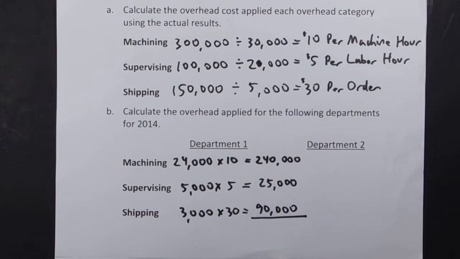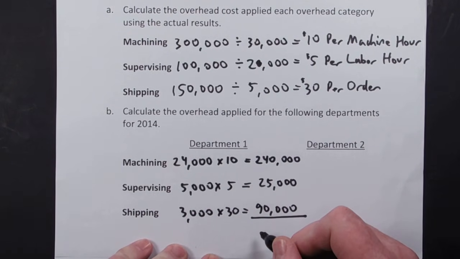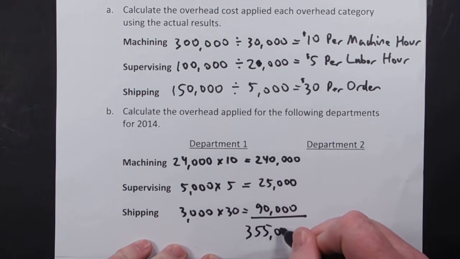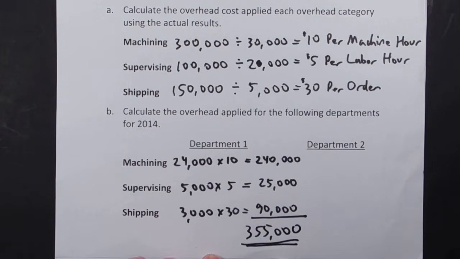So I'm just going to add all of them up. 240,000 plus the 25,000 plus the 90,000. Altogether, we're going to come up with 355,000 for our product. Scratch that. Department 1 is going to get 355,000 of overhead applied to it.